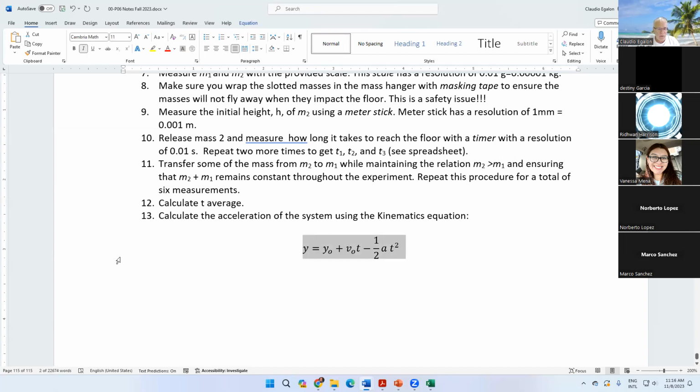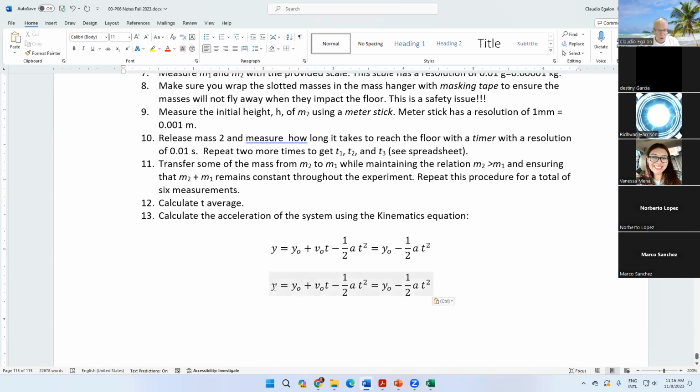Initial velocity is 0. Consequently, the second term disappeared. The final height is going to be 0 because it's gonna be at the floor of the classroom.